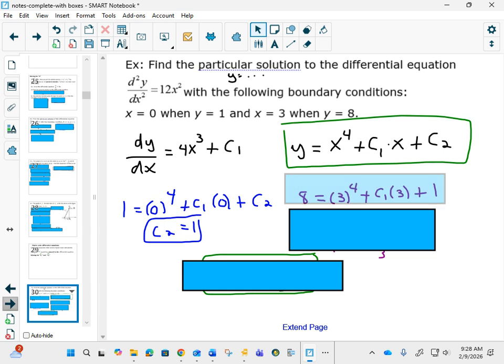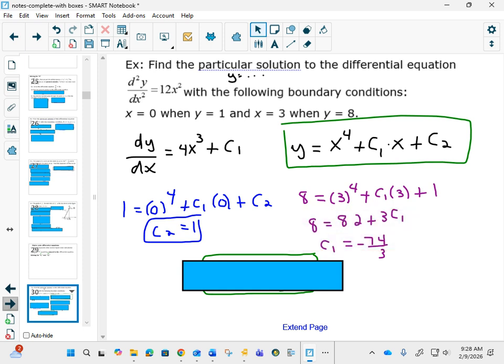And then if I know what c2 is, I could plug in 3 and 8. And c1 is a beautiful number, negative 74 over 3. And we can write the particular solution in this case. Looks like this.